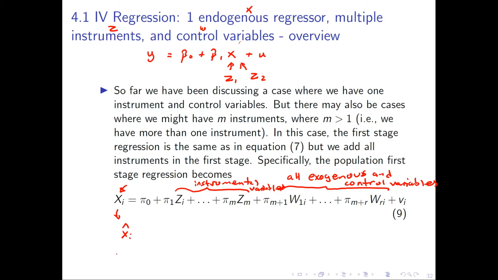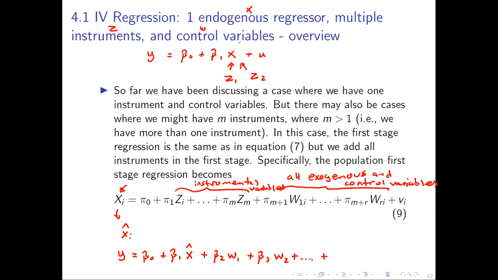So for example, in this case you get not z, you're explaining y equals the intercept plus beta 1 times the x hat, right? And you have to remember the exogenous variables and the control variables.